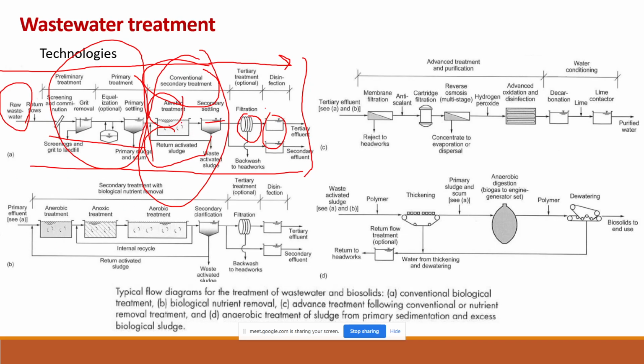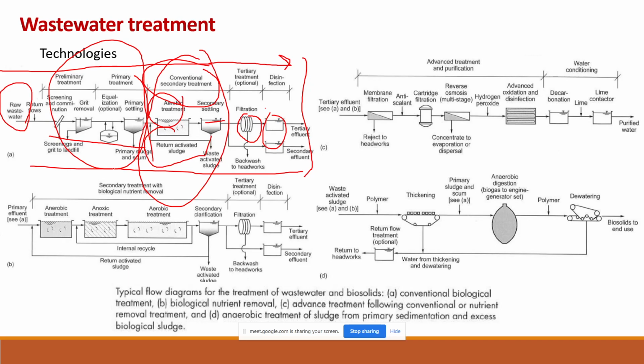Now, if we want to enhance nutrient removal, or if the wastewater has high nutrient concentration, see, the wastewater will always depend upon the source. When you talk about sewage wastewater, mainly your concern is decomposition of organic matter. When you talk about maybe a pharmaceutical wastewater, it will have a very high BOD and a very high COD as compared to the sewage wastewater.